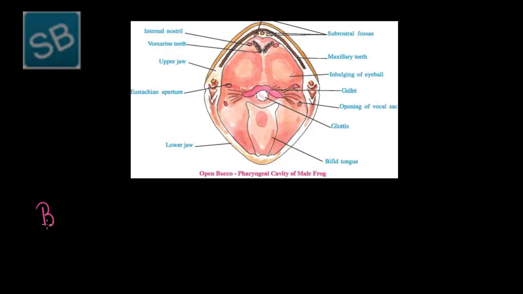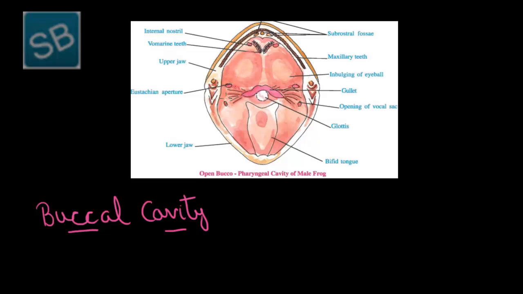Now, in the buccal cavity, the internal nostrils, which are present above the vomerine teeth, serve for respiration. Behind the vomerine teeth is a pair of bulged eyeballs, which help in seeing. The eustachian aperture, present in a pair, serves in hearing.